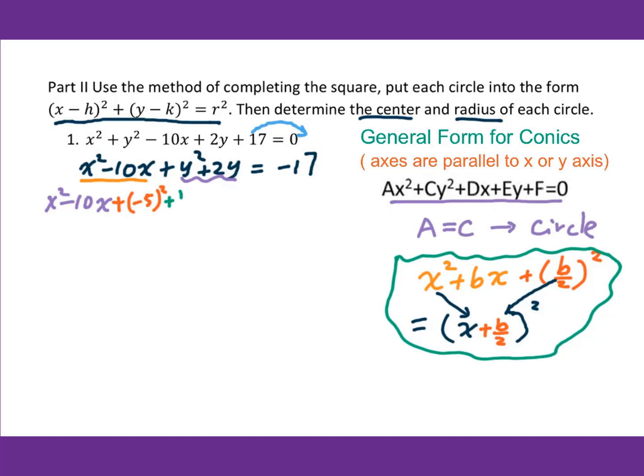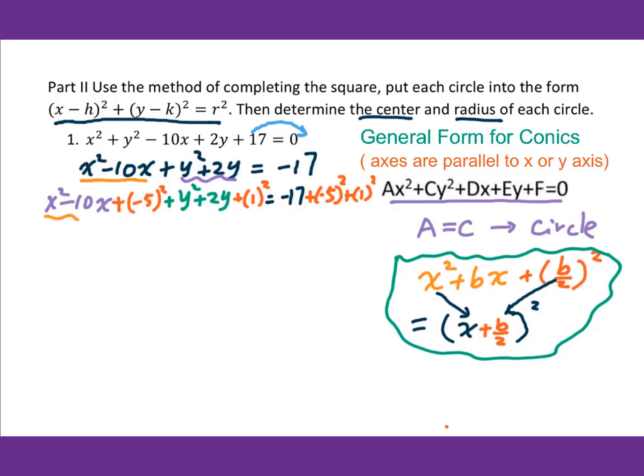Then plus y squared plus 2y plus (b over 2), that's 1 squared, equals negative 17. Since you add negative 5 squared on the left side of the equal sign, you have to add it to the right side. Same thing for 1 squared.